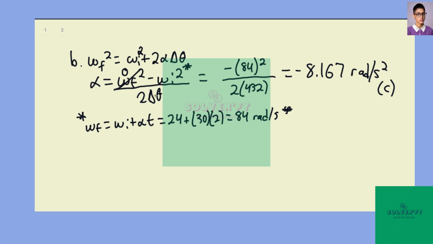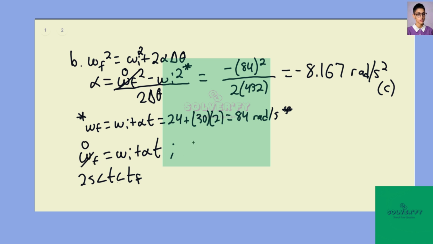And at this point, you can just use the same exact equation. However, now we're doing it from 2 seconds to t final. And here we know that omega final is going to be 0.